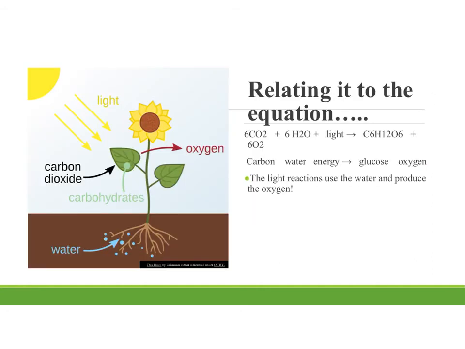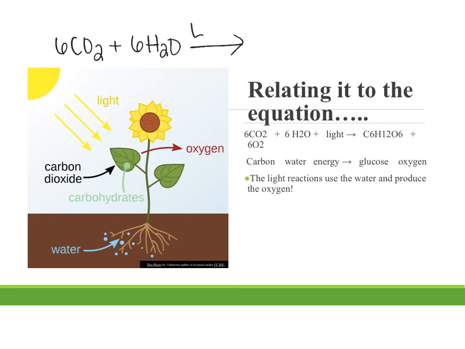Okay, so now let's go back and relate phase one to the overall equation of photosynthesis. So remember, our equation for photosynthesis is 6 carbon dioxide plus 6 H2O, and light energy is going to produce glucose and oxygen. Okay. So I'm just going to rewrite that to put it all on one line. Okay, so we have 6 CO2 plus 6 H2O.